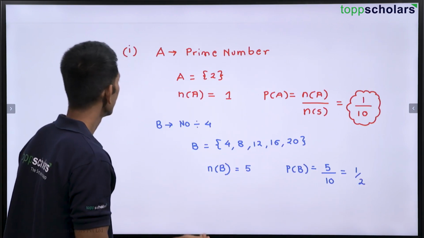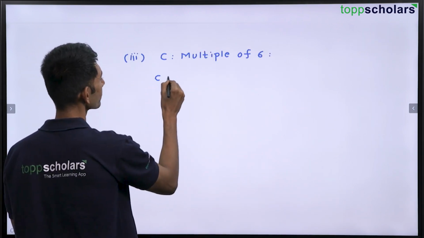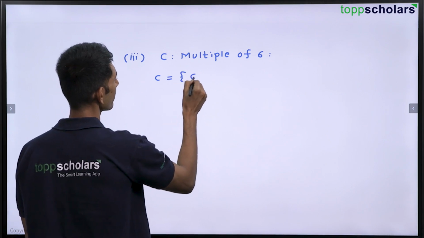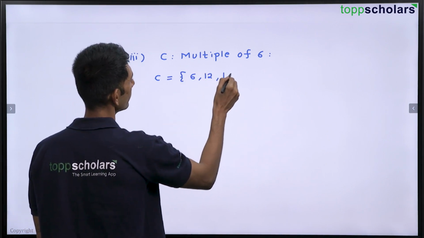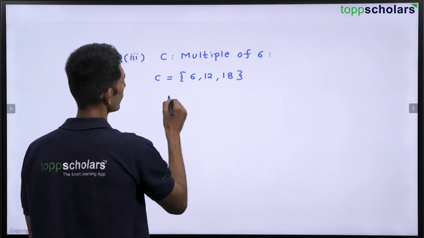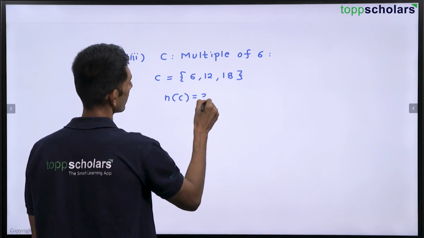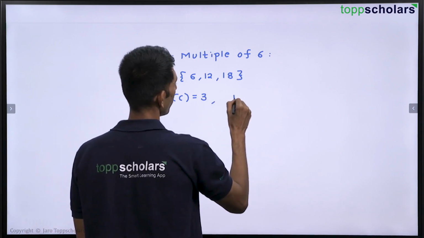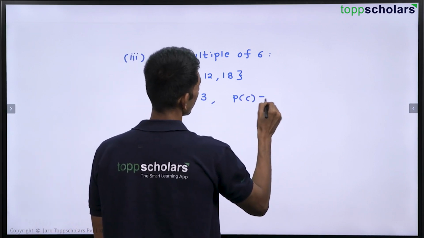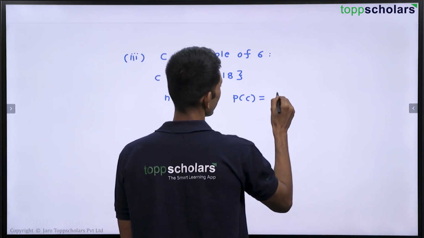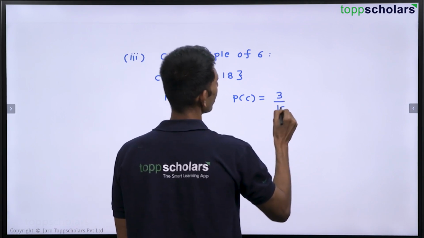So C is an event in which I get 6, 12, 18. So n of C is 3, and the probability of event C is 3 by 10.